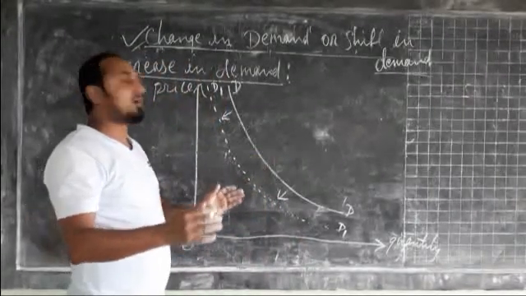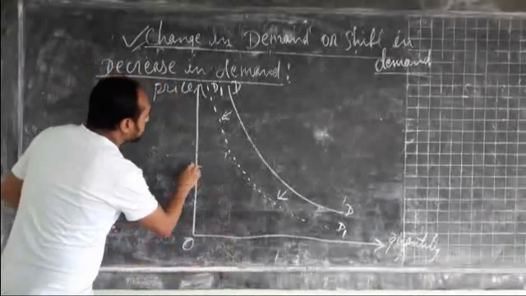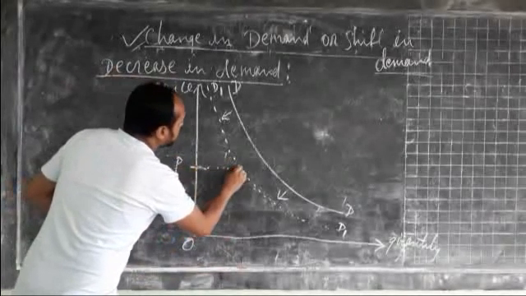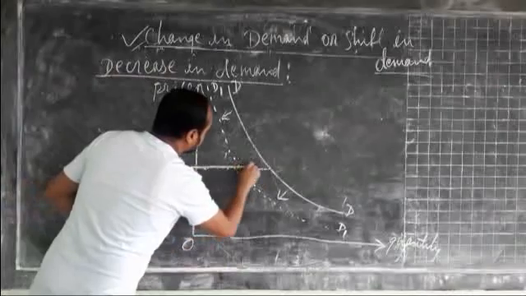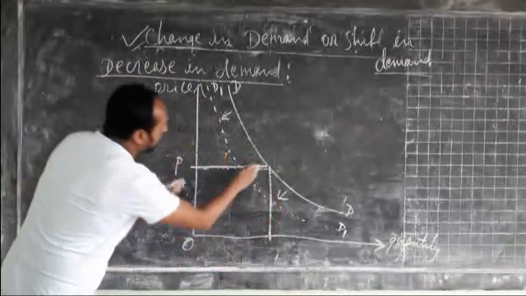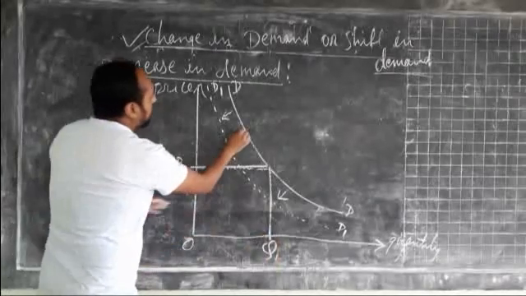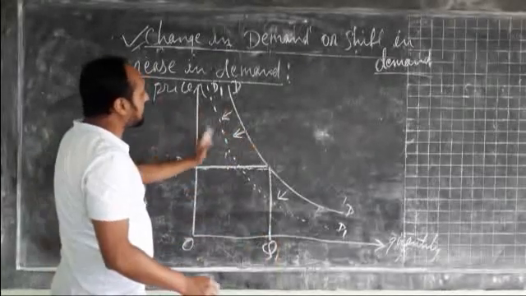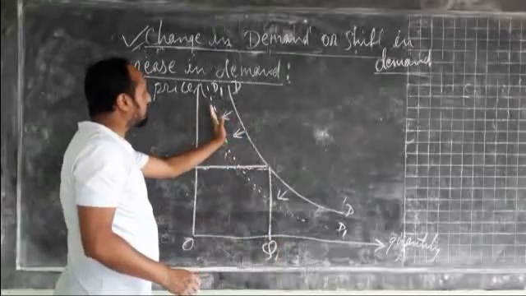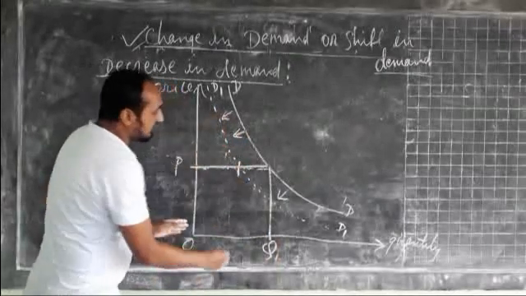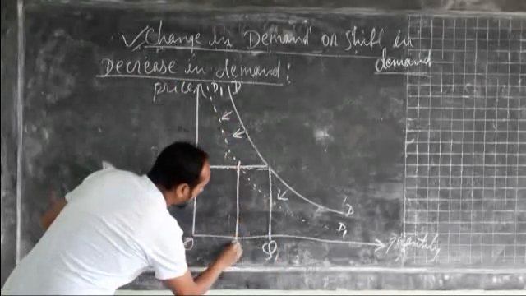So here the quantity demand will decrease. So if you consider the price P, at the same price we can see that the initial quantity demand was OQ. Now due to this decrease in demand, the demand curve has shifted leftward and we get the new quantity, that is OQ1.